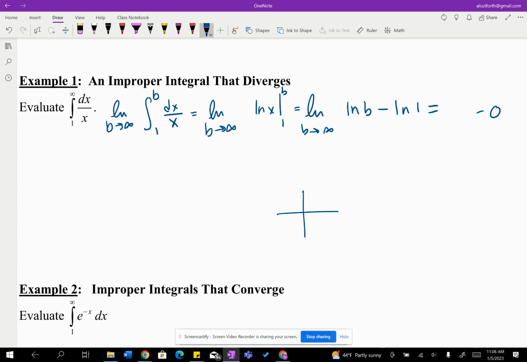And then it's maybe helpful to even think about what the graph of ln looks like. The limit as b approaches infinity of ln b: what happens to a natural logarithm as x approaches infinity? It gets bigger and bigger and bigger, right? So this is going to go to infinity. So this limit equals infinity.